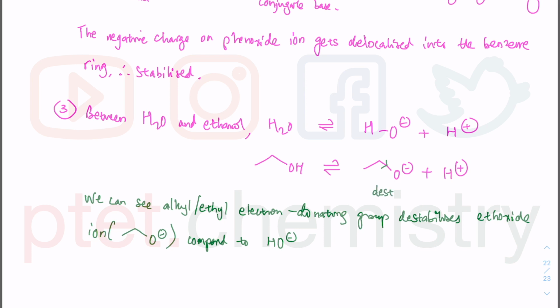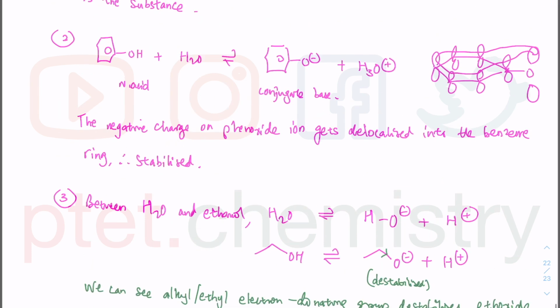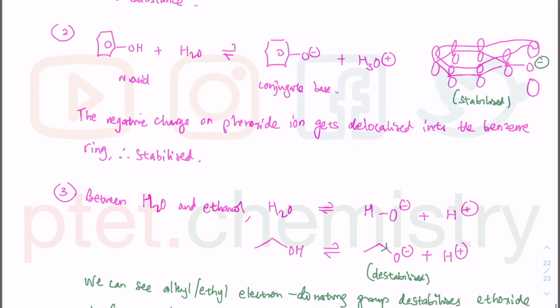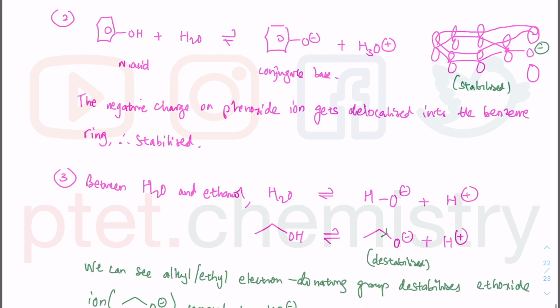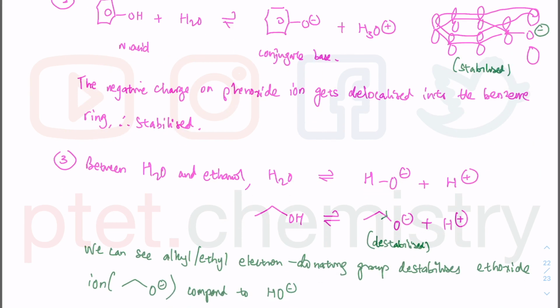We can see that this conjugate base gets destabilized, whereas the other conjugate base just now with the O minus is stabilized. Remember what we said earlier? That's why we set the scene just now. The more stable the conjugate base, the more acidic is the substance. So this is more stabilized compared to HO minus, which doesn't have this delocalization into the ring. So this is the more stable conjugate base compared to water, so this is more acidic than water.